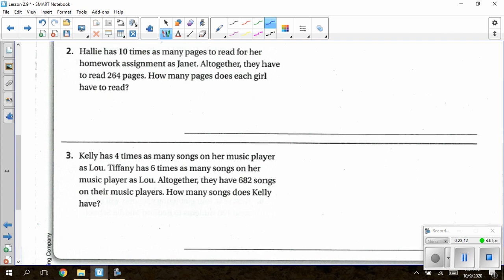How many pages does each girl have to read? So we know that the final question is asking how many pages each girl has to read. So I will need an answer for Janet, and then also for Hallie.